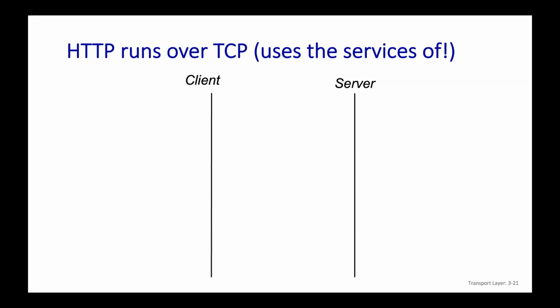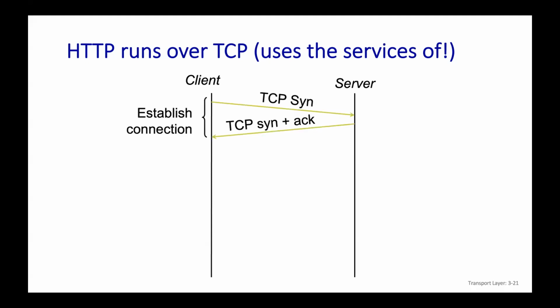Whenever the client wants to send an HTTP request to the server, before it can send the HTTP request, a TCP connection needs to be established. We will talk about the details of establishing the TCP connection in the next chapter, but in essence, it consists of three exchanges of packets. First is the TCP SYN packet, sent from the client to the server.